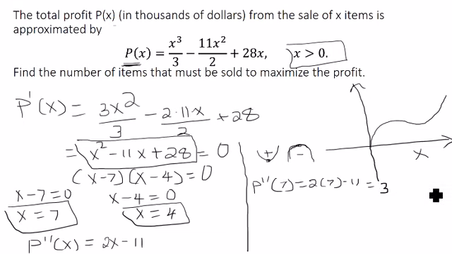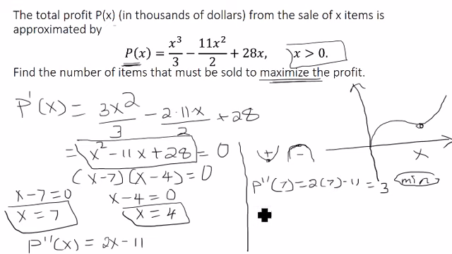So that's the place for a local min, or the minimum. And that's not what we are looking for, because we're looking for the maximum profit. So the critical number 7 is not useful for us. I think that's this point here.